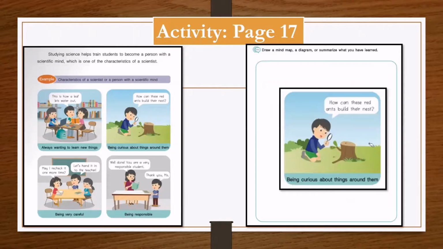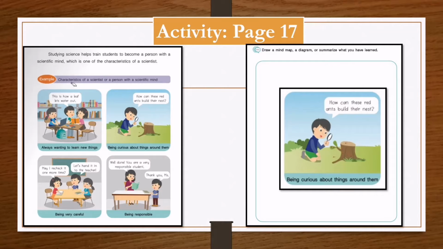Okay, let's proceed to your page 17. Activity on page 17. Again, what you will do here is, you will draw a mind map, a diagram, or summarize what you have learned. Okay, so this is an example. On page 16, we have here examples. We have here the characteristics of a scientist or a person with scientific mind.